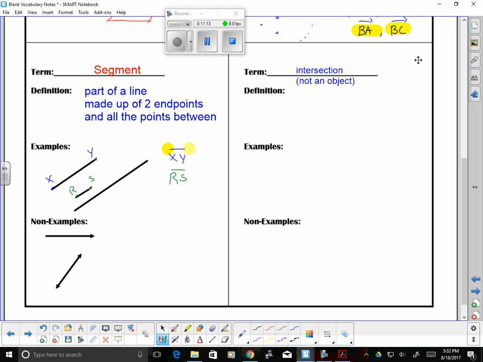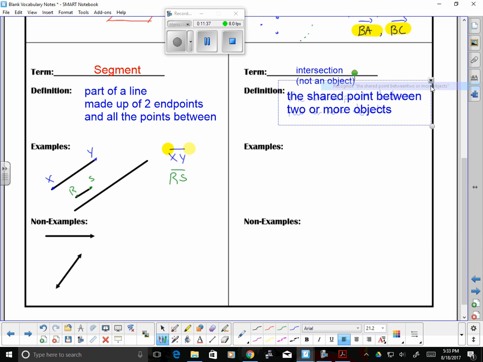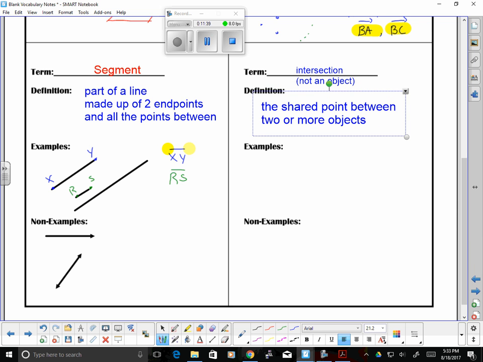Okay, the intersection, this is the shared points between two or more objects. Right, and so when you think about intersection, you may think about two streets. They'll say the intersection of 12th and Prairie, for example.